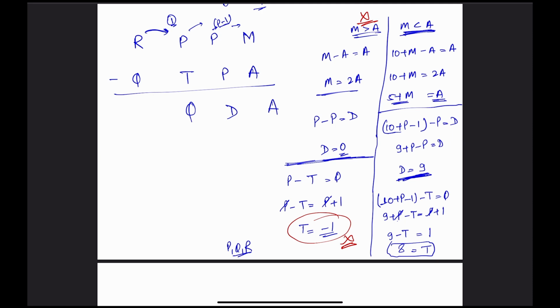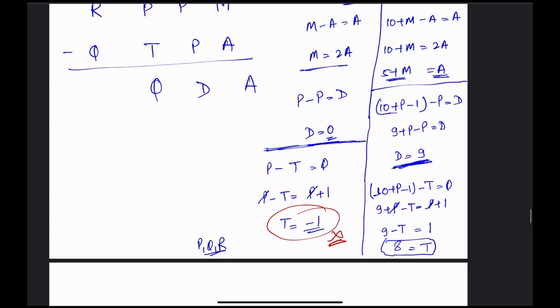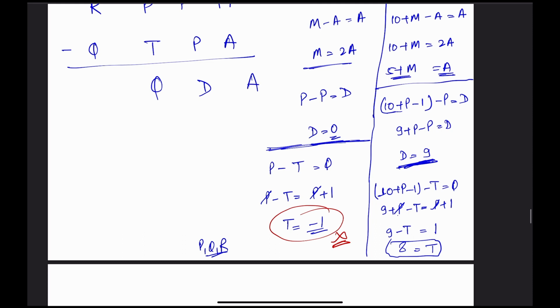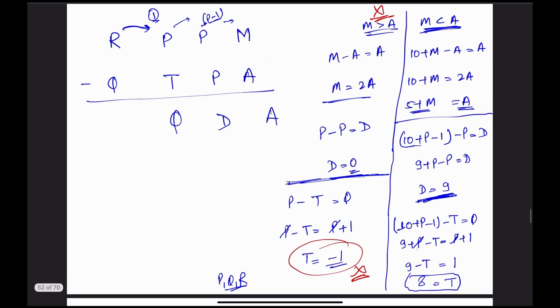So T is becoming 8. 10 plus P minus 1, so 9 plus P.